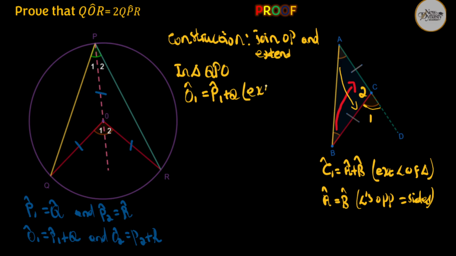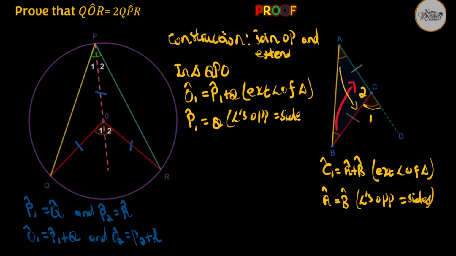The exterior angle of a triangle. Because O1 is the exterior angle of a triangle there. But nonetheless, because we've got an isosceles triangle, our angle P1 there equals angle Q. Why are they equal? Because those are angles opposite equal sides.